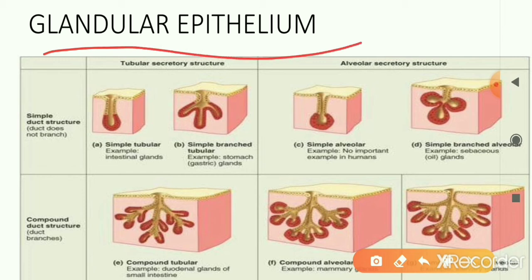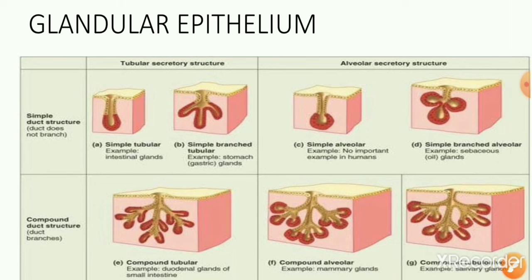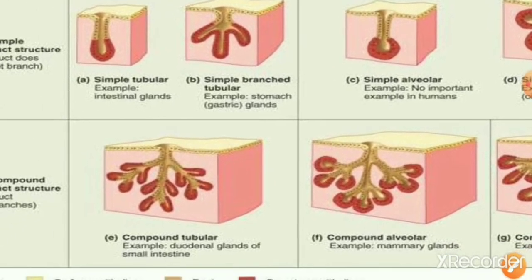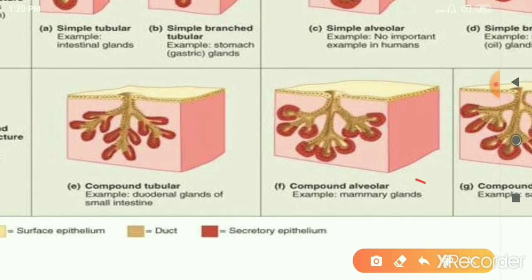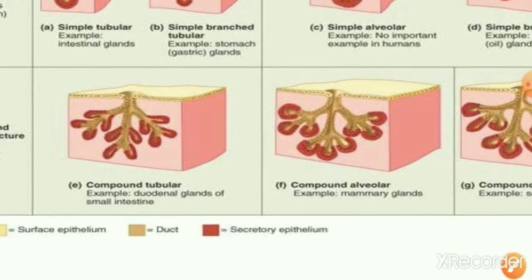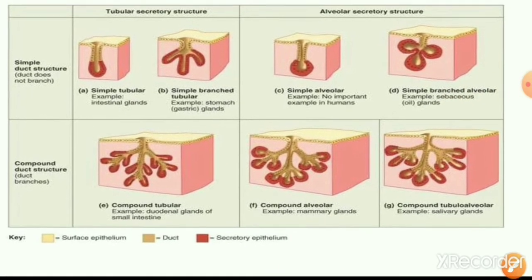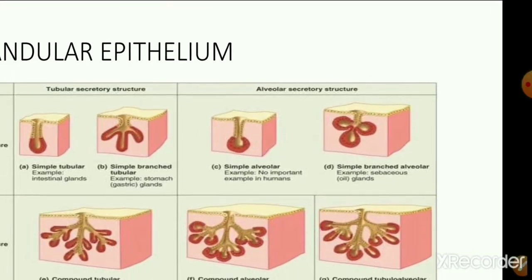Like you've got the sweat gland secreting sweat, the oil gland secreting oil, or the various kinds of digestive glands which produce different types of digestive juices, or the mammary glands which produce milk, or endocrine glands which produce different types of hormones.